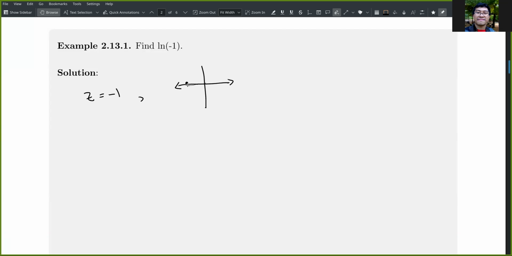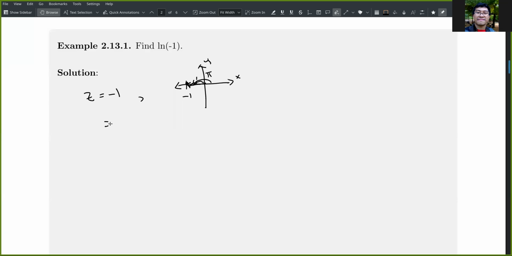So it's equivalent to a complex number with magnitude 1, but with an angle of pi.